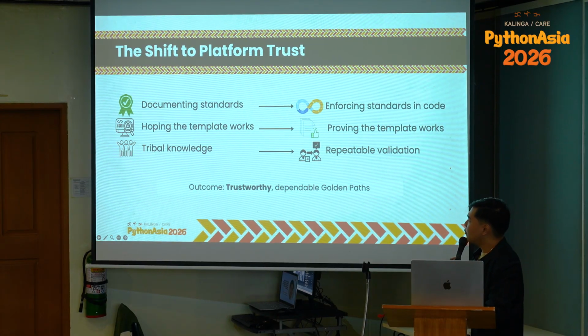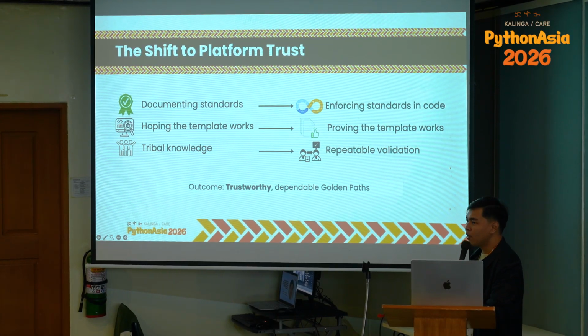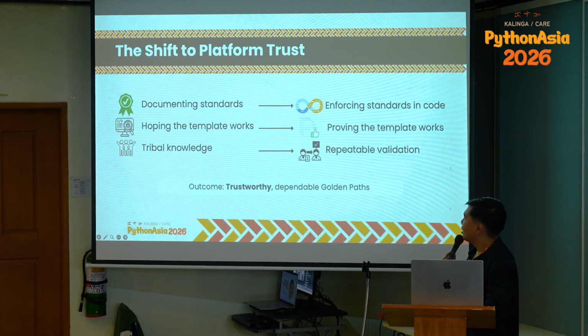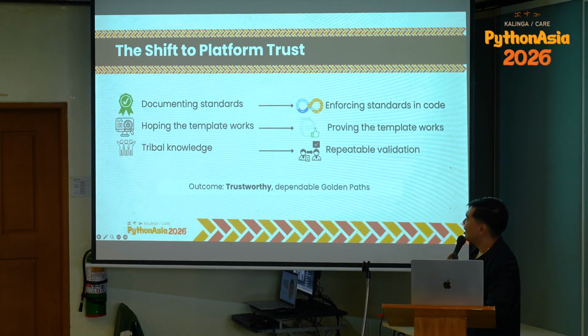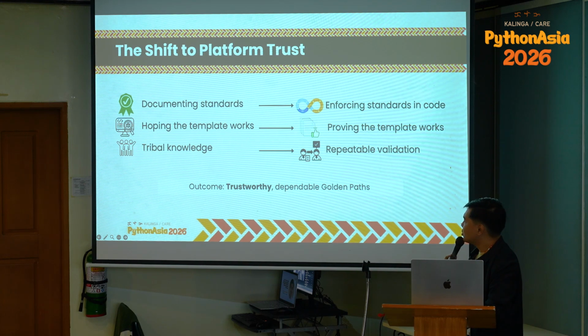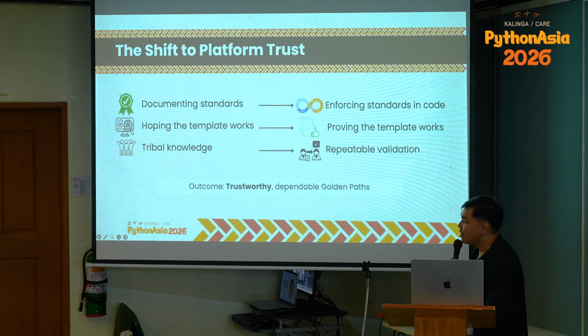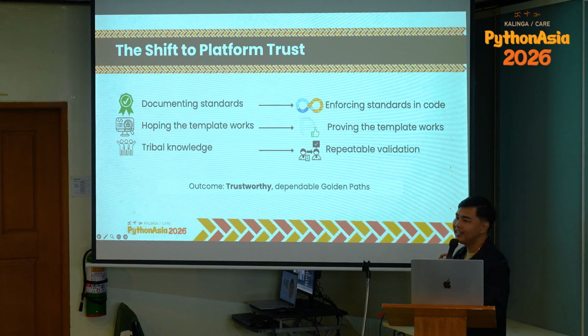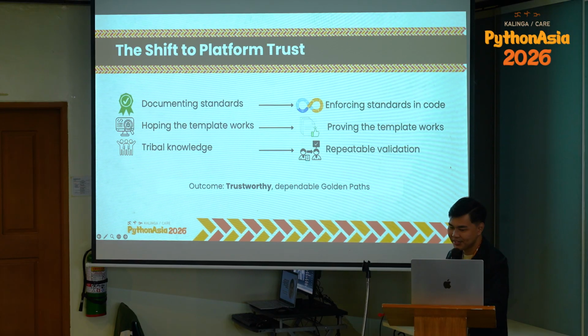And instead of relying on tribal knowledge on what is the standard for every type of service that we create, we now have repeatable validations to these templates that we have configured through tests. So the outcome is essentially a trustworthy, dependable golden path for happier developers.